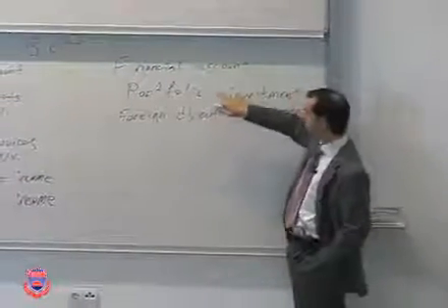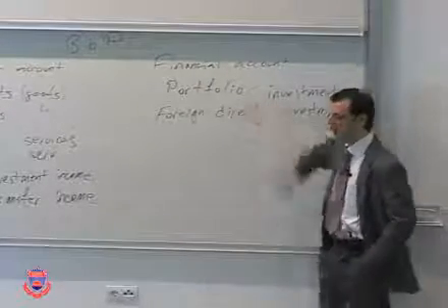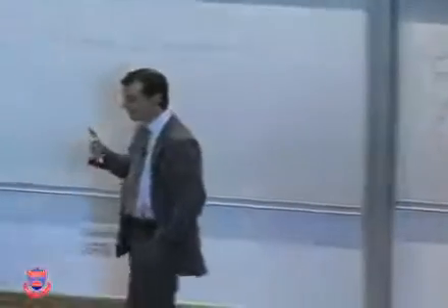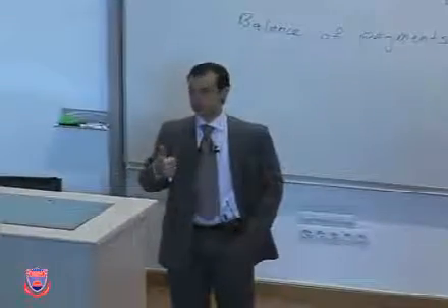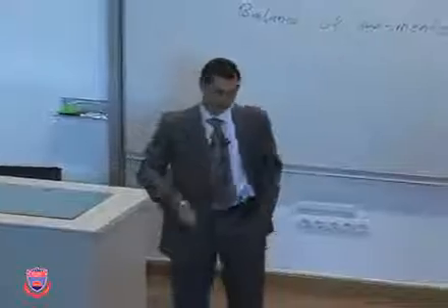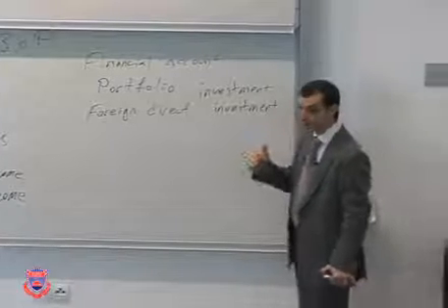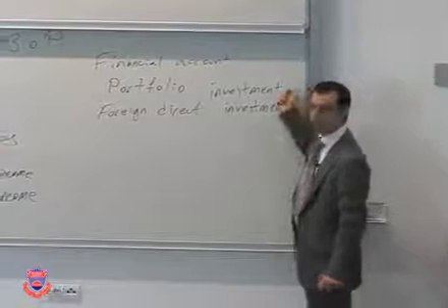Okay? If foreigners are buying Turkish debt, that is, if they are buying, say, Turkish government bonds, that's portfolio investment. They could sell those bonds anytime. Okay? If they are buying shares in Turkish companies, and those shares are less than 10% of the company, that's also portfolio investment.